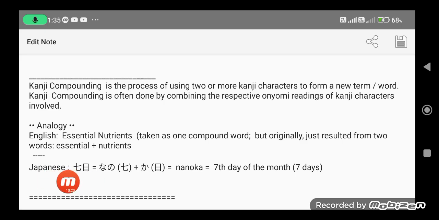Nanoka is actually nano, this character nano, plus ka, because this character is not only nichi, meaning sun, but also ka. So nano plus ka, nanoka, meaning the 7th day of any month. Let's say August 7, Hachigatsu nanoka.